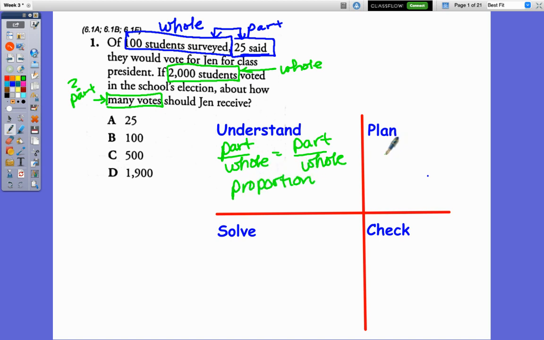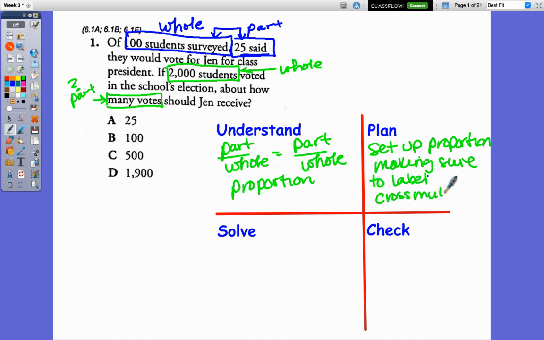So my plan is to set up a proportion, making sure to label, and cross multiply, cross products, or scale factor, whichever one is easier for that particular problem.